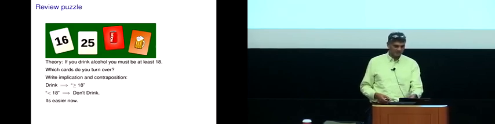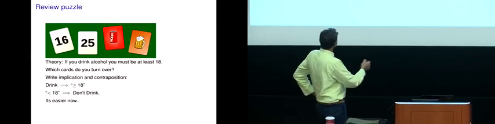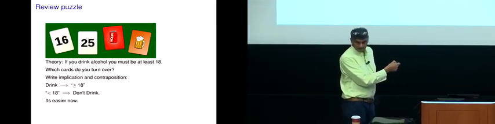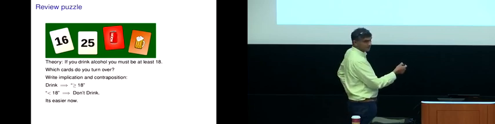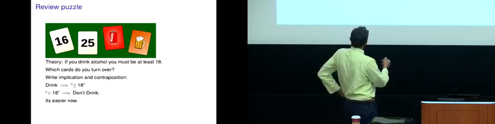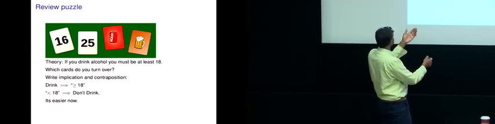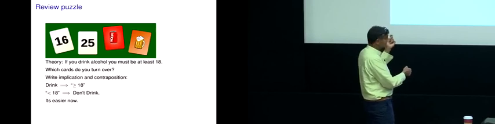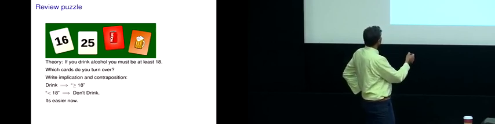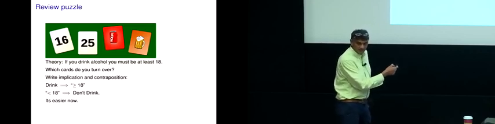This one says the soda is not drink, so I don't need to worry about it, and I don't need to turn that one. Drink, I better check whether the person's over 18. For this one, this guy's bigger than 25, so this particular implication is about age, the left-hand side, the antecedent, and you can just apply it, and you say, oh, the 16-year-old, I better check their ID.